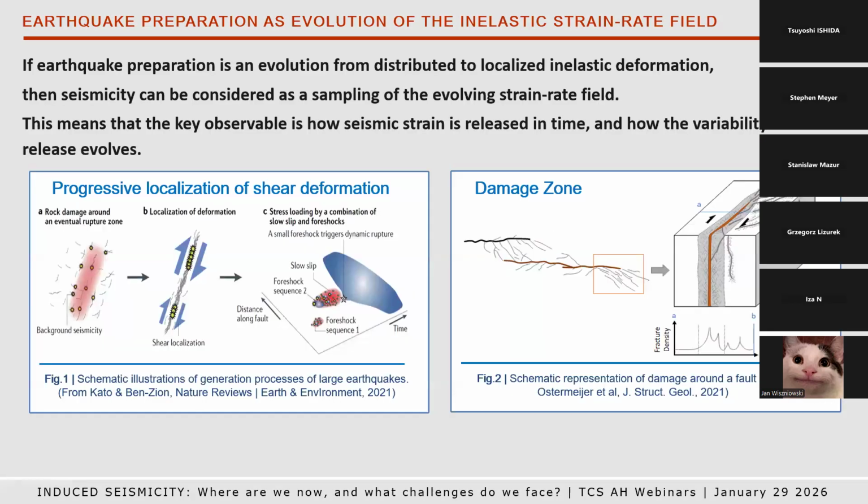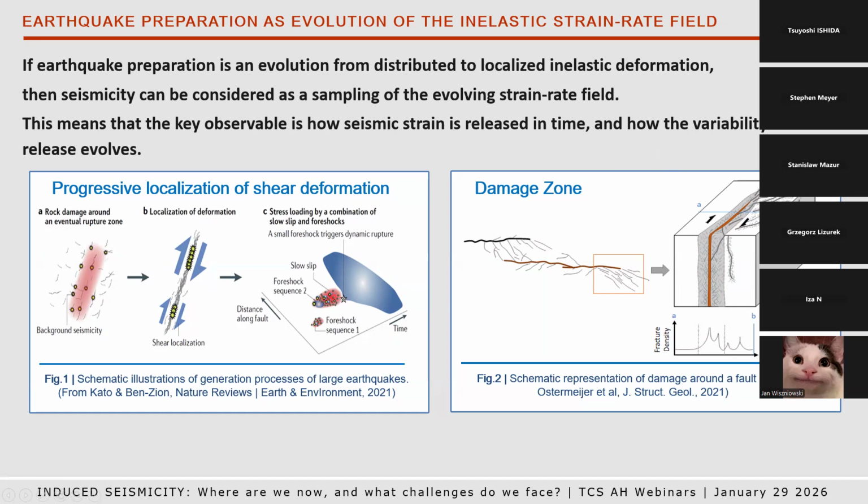So if we can observe foreshocks, and if earthquake preparation is an evolution from distributed to localized inelastic deformation, then we can treat seismicity as a sampling of the evolving strain rate.